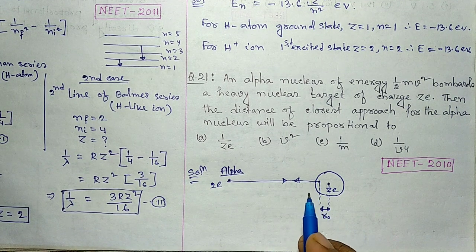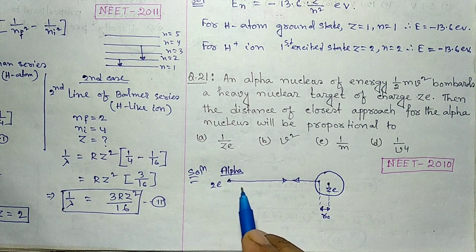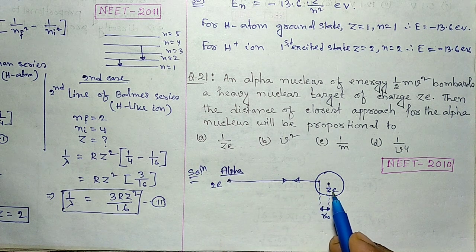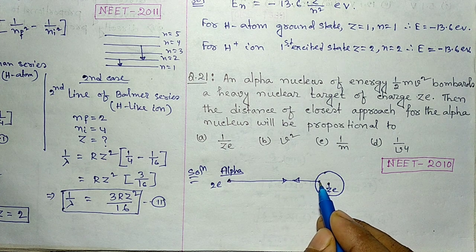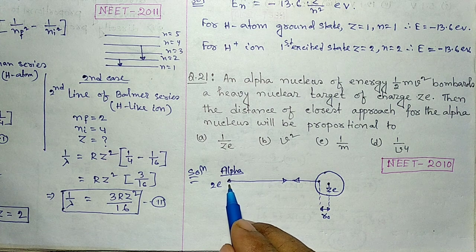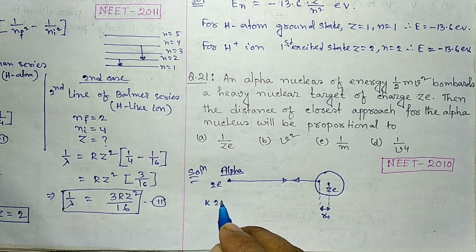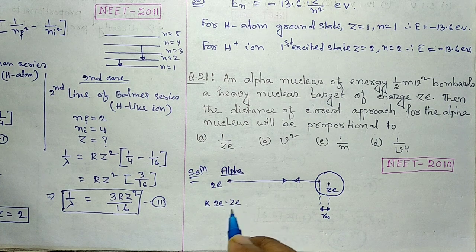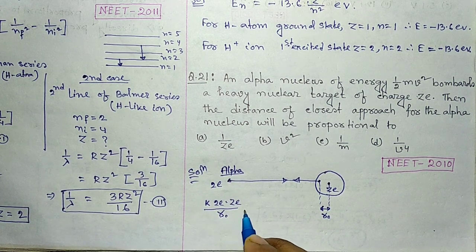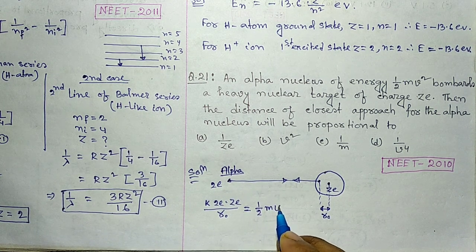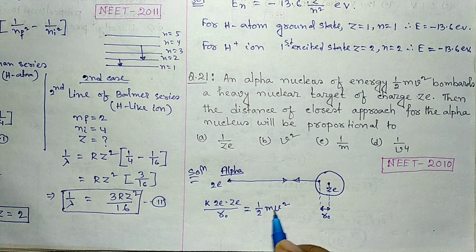In that case, the whole kinetic energy is converted into its potential energy. So here the potential energy of alpha particle and nucleus is K times 2e into Ze divided by R naught. It is equals to kinetic energy of the alpha particle, half mv square, where m is the mass of the alpha particle and v is the velocity.